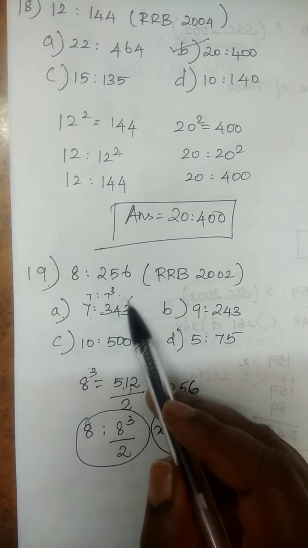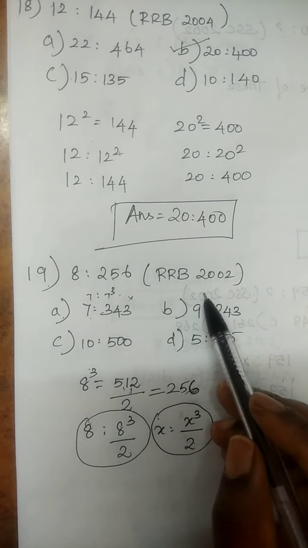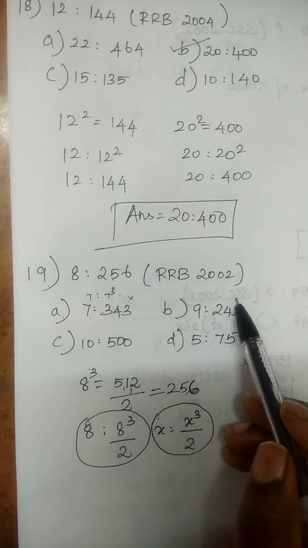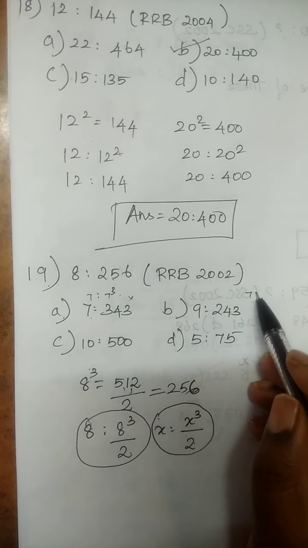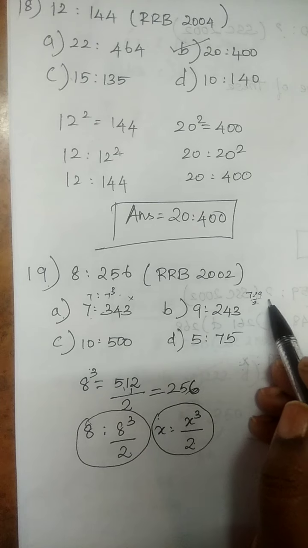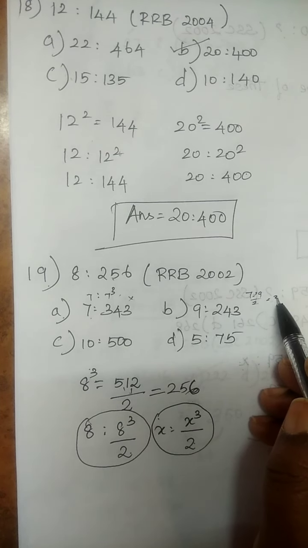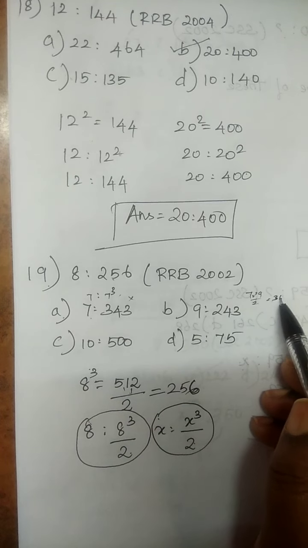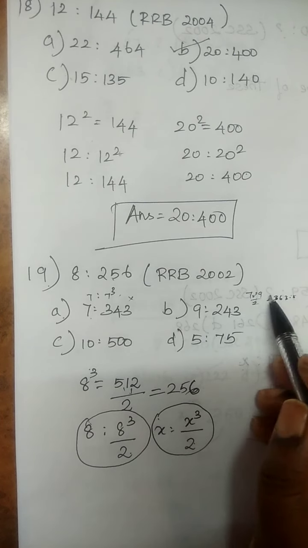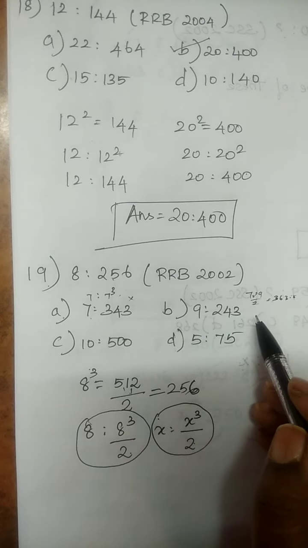So this is not the right answer. 9 cube, 721, 729, sorry. 729 divided by 2 gives 364.5. No, this is also not the right answer.